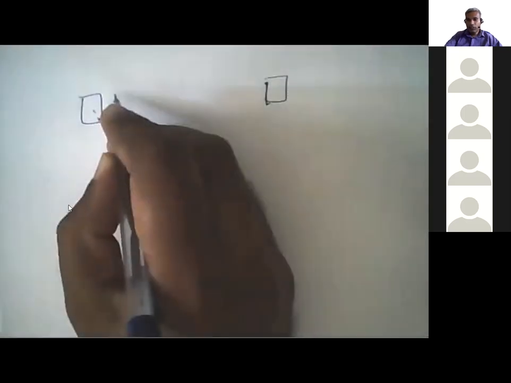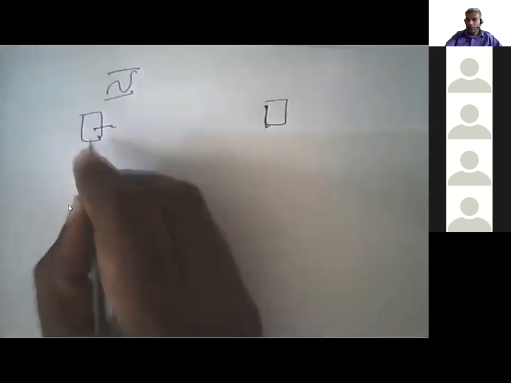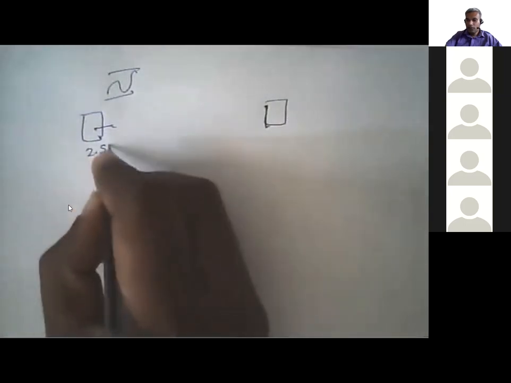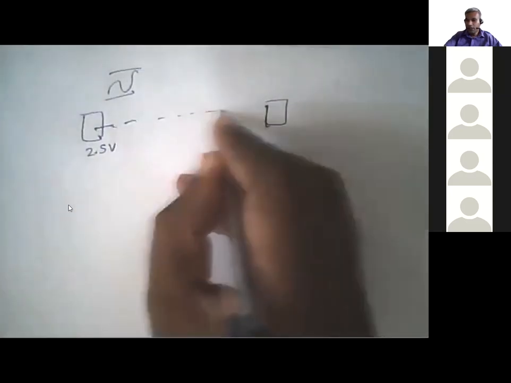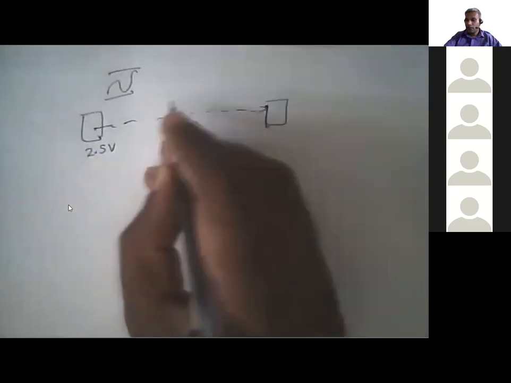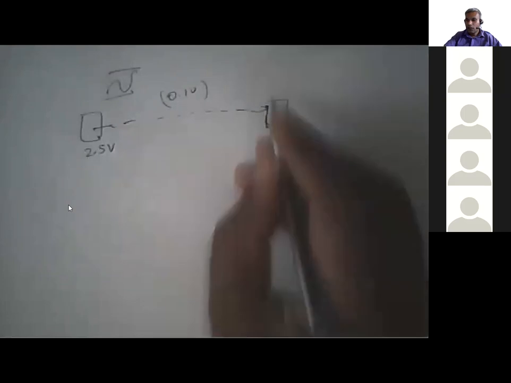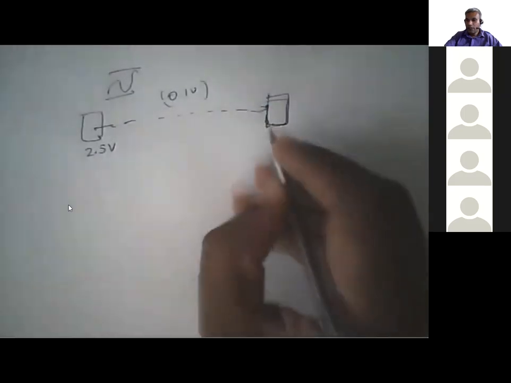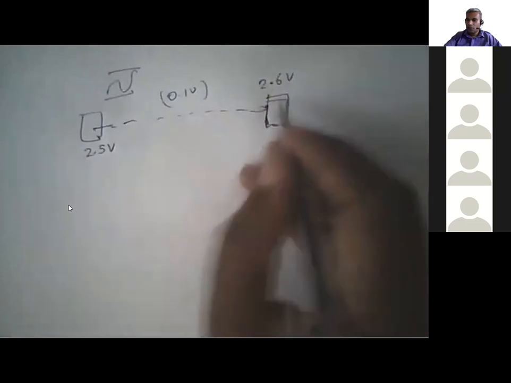If you are using a continuous variable, it can take any value within this range. Let's say the value I'm sending is 2.5 volts. However, when I'm sending this, on the way it gets some noise added. Let's say 0.1 volt of noise gets added. So the person at this end will get 2.6 volts.